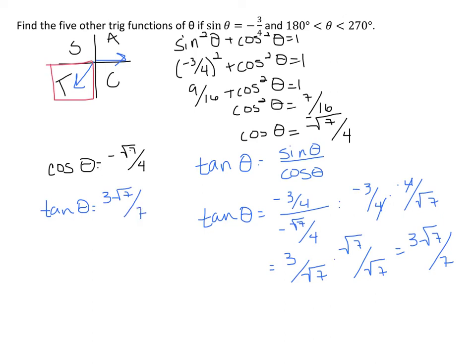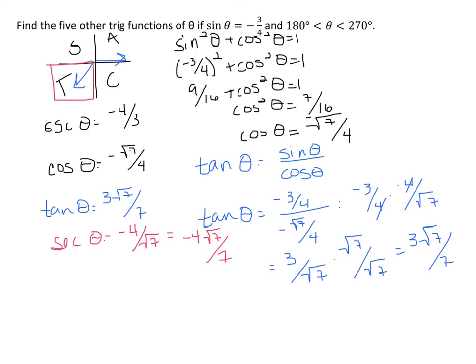We know sine, which means we can very easily get the cosecant of theta to be negative 4/3. We know the cosine, which means that secant of theta is negative 4 over the square root of 7. When we rationalize that denominator, we end up with negative 4 square root of 7 over 7.